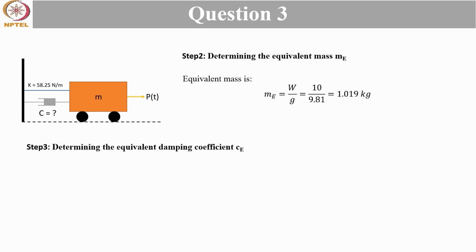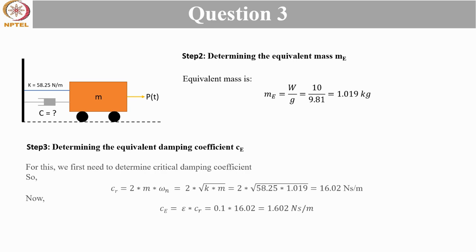Now we know the equivalent mass and we know the equivalent spring constant. For the equivalent damping coefficient, again we can use the relationship Ce upon Cr is equal to epsilon. We first need to determine the critical damping coefficient, which can be given as 2m omega n. Again, m omega n can be written as the square root of km.